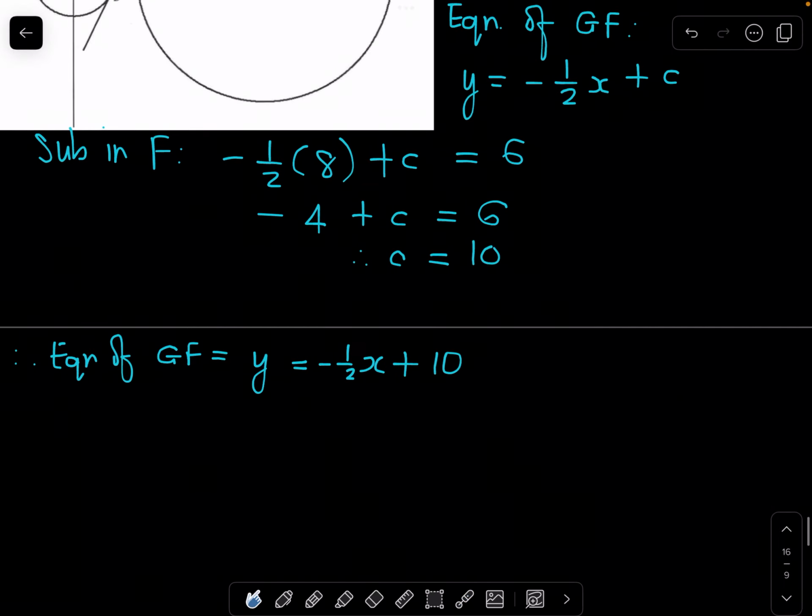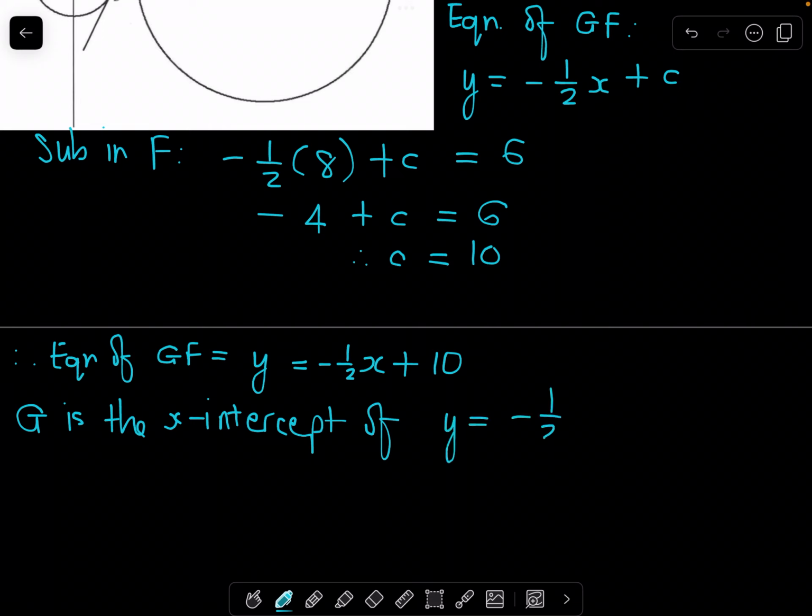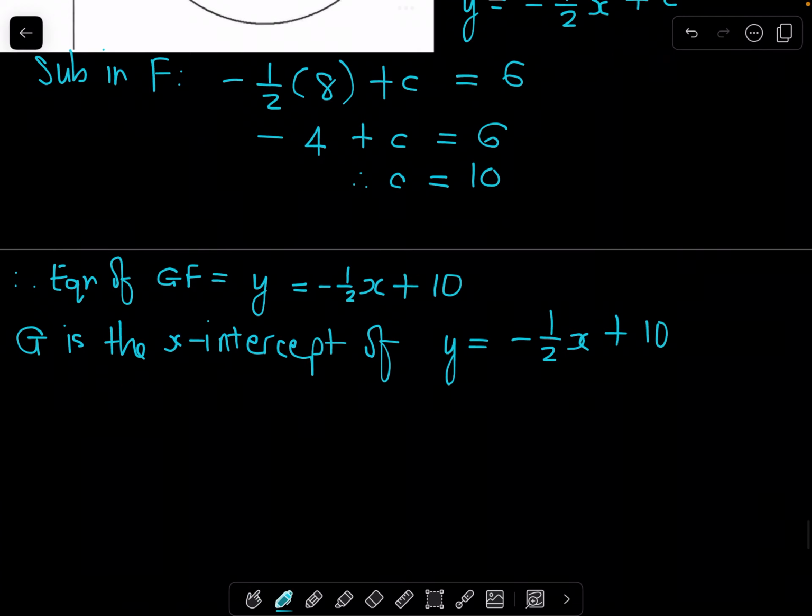Okay, so G is the x-intercept of y is equal to minus a half x plus 10. So let us figure out where that happens. So we need to see where this is equal to 0.